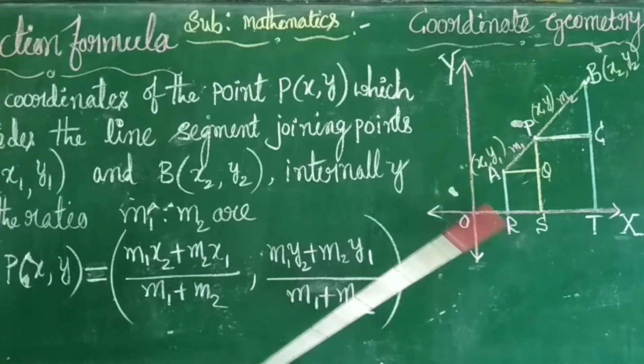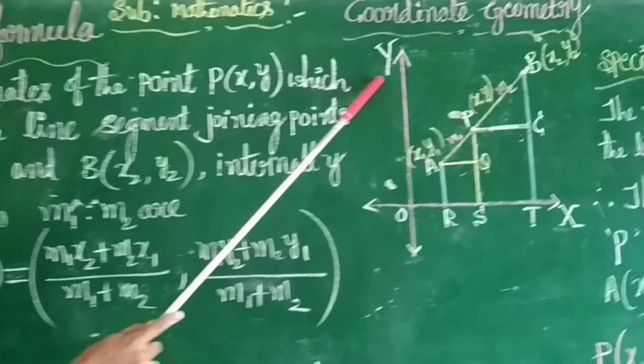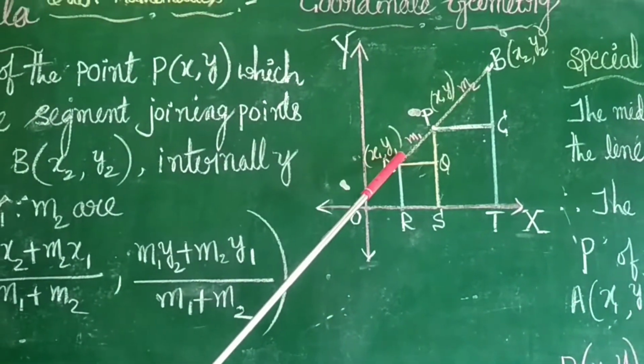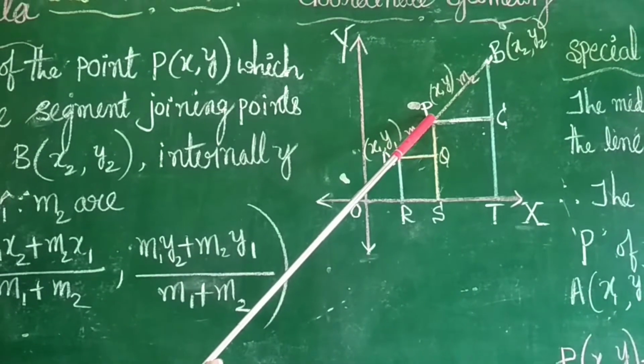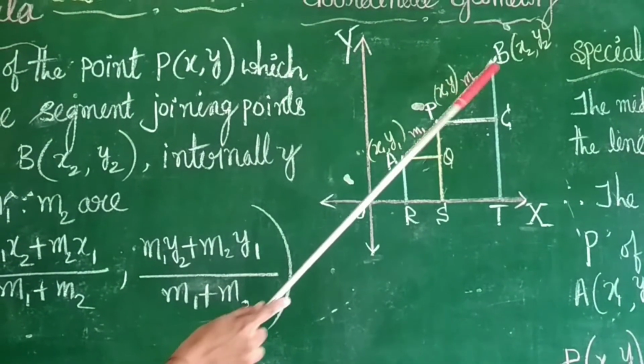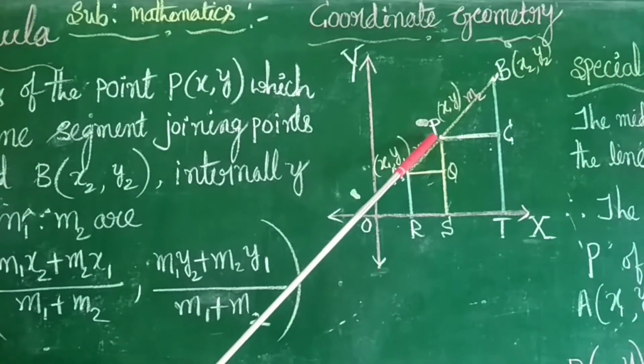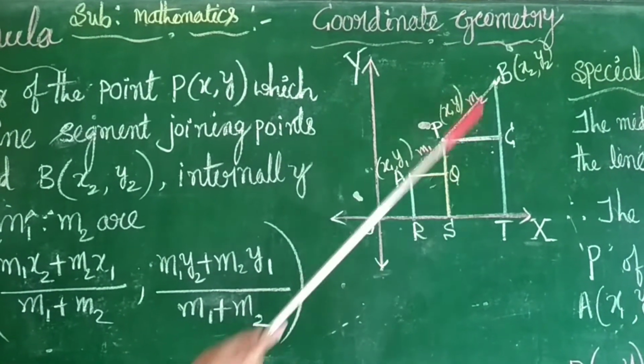In the Cartesian plane, with the x-axis and y-axis, the coordinates of A are x1, y1, the point P has coordinates x, y, and B is x2, y2. These are two perpendicular lines.